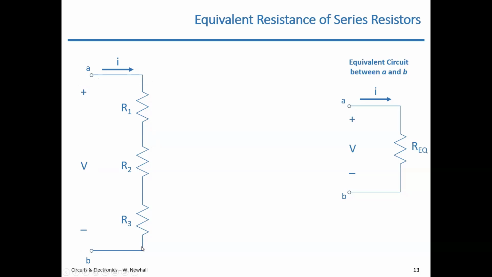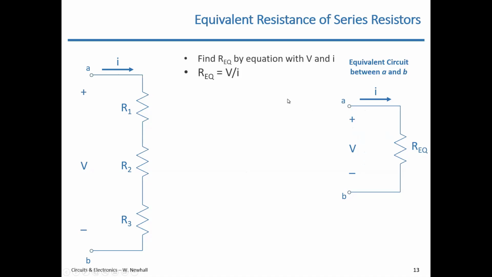What you would like to know is, if I were to take these 3 resistors and replace them with a single resistance and have the circuit behave the same way, the same relationship between V and I, what would that value be? What would Req be? So I want to replace these 3 resistors with a single resistance, and the relationship between V and I would be maintained.